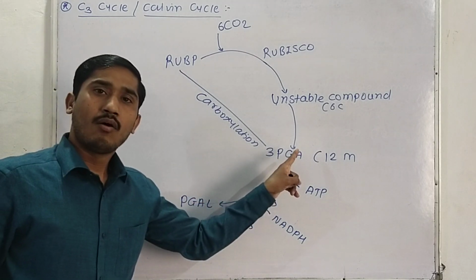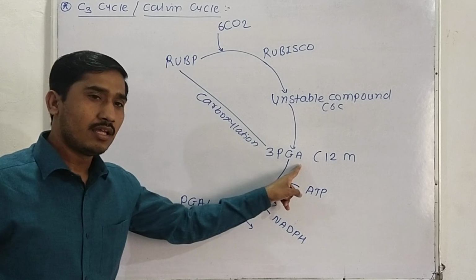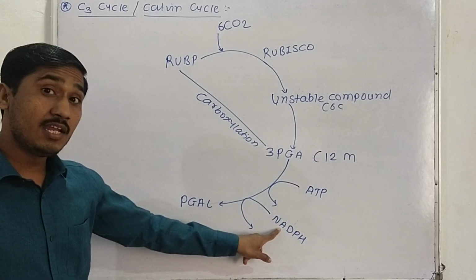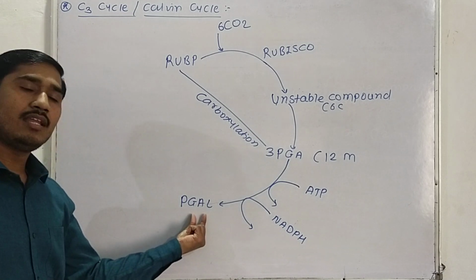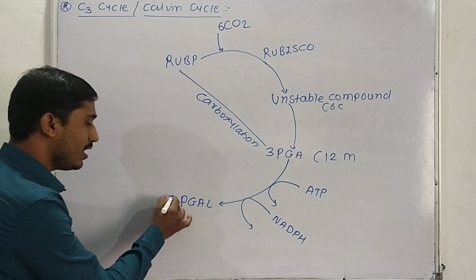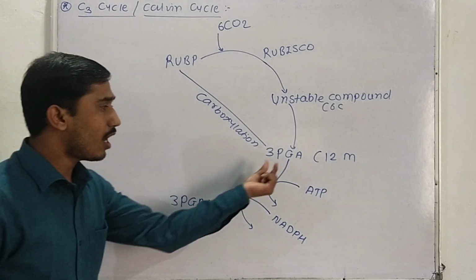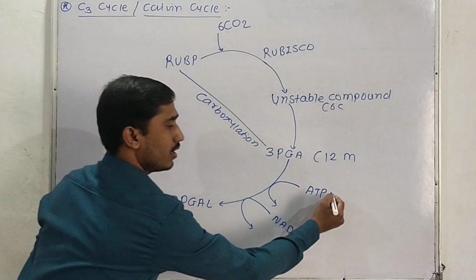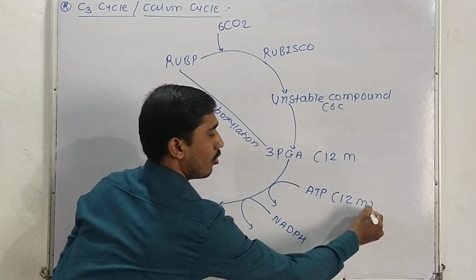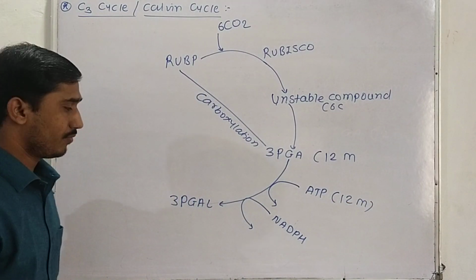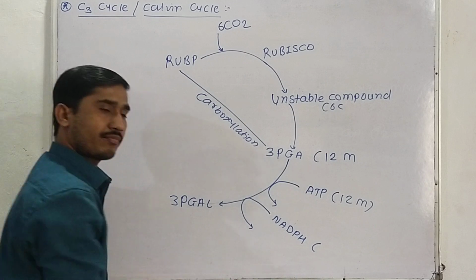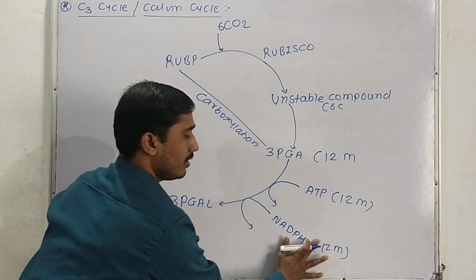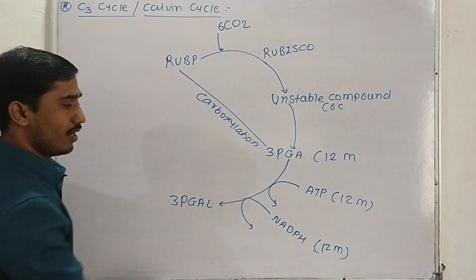For 1 molecule of PGA, there is a utilization of 1 molecule of ATP and 1 molecule of NADPH. Then there will be a formation of 3-PGAL. Here, how many molecules of PGA are there? 12 molecules. So there is a requirement of 12 ATP. Same, NADPH will also be required, that is 12 molecules.